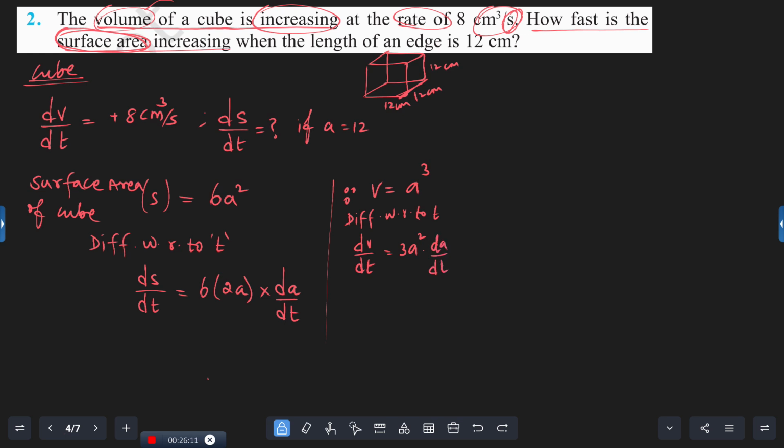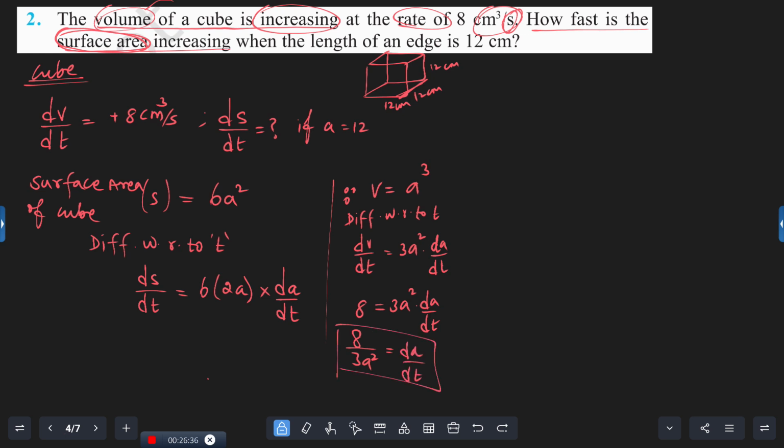Have you understood? dV/dt we know is 8. So 8 is equal to 3a squared dA/dt. I need only this, right? So the remaining we send to the opposite side. It means 8 divided by 3a squared is equal to dA/dt.